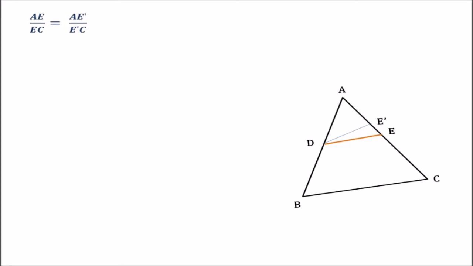AE plus EC as well as AE dash plus E dash C is giving us AC. So let's evaluate the two sides. In order to derive AC in the numerator, let us add 1 to both sides of the equation.